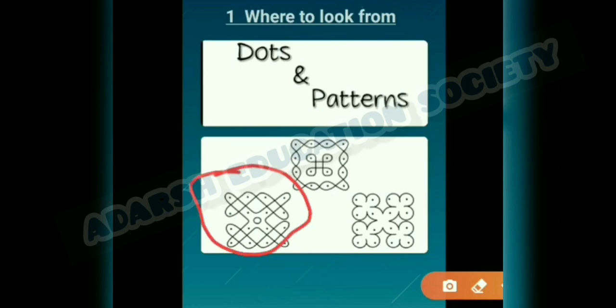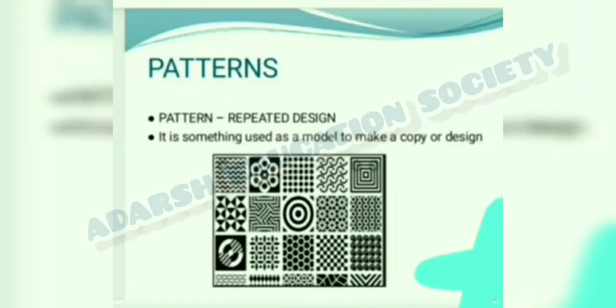Right? Now here we are going to see some patterns which we can draw on dots. Here in this picture we can see the different types of pattern, right children? This is made by dots. Now, what is pattern?